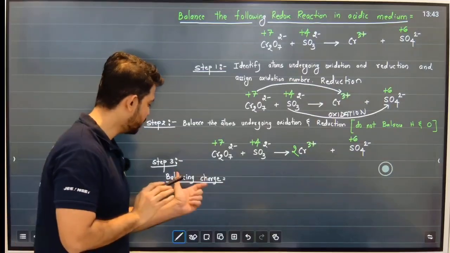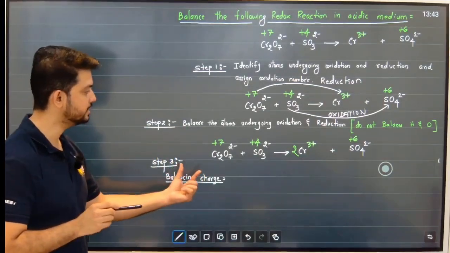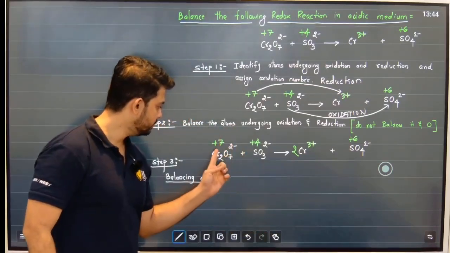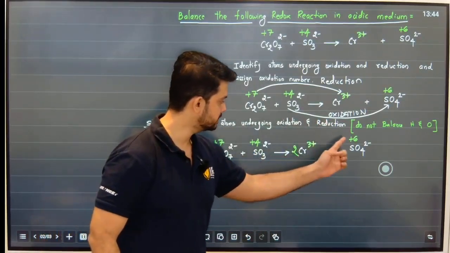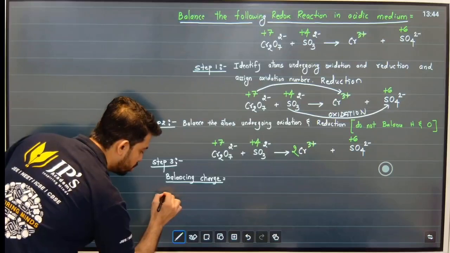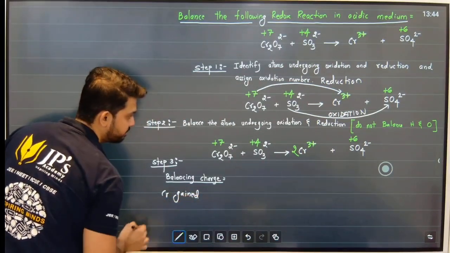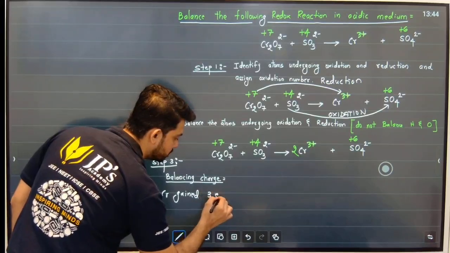Now students, सबसे important आता है next step which is called balancing charge. Let's understand balancing charge का मतलब क्या है. Chromium went from +7 to +3, which means chromium gained 3 electrons.